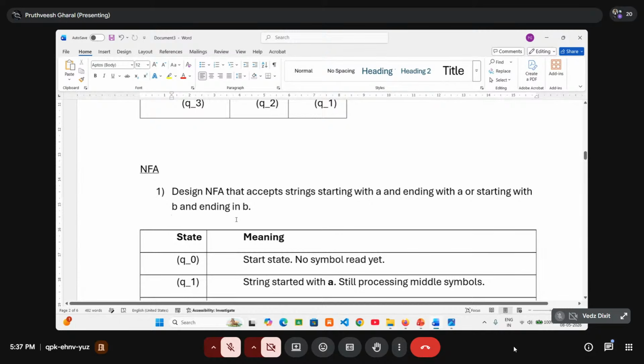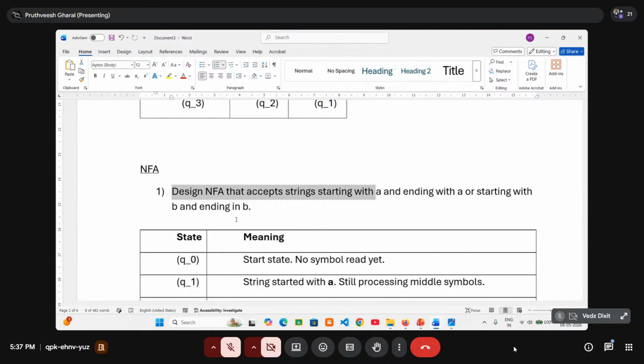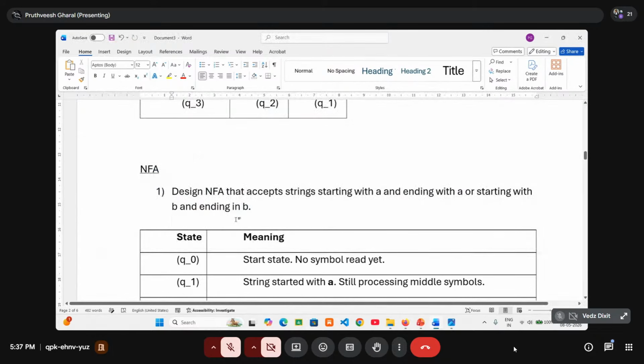So let's read it. Design an NFA that accepts strings starting with A and ending with A, or starting with B and ending in B. I already told you that in an NFA, whenever we start, we have no assumptions yet.